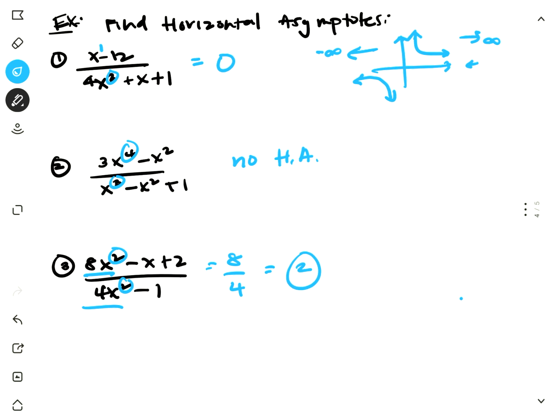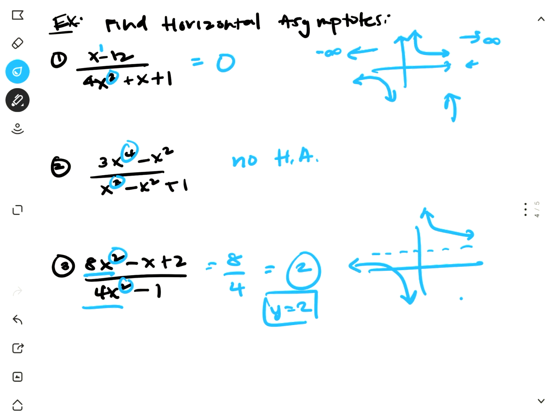So our horizontal asymptote is 2. So it kind of looks like the top one, except we should probably say y equals 2. Y equals 2, right, because it's a horizontal line going through the y-axis. It looks the same, except we're headed towards 2 as we go towards negative infinity and positive infinity.